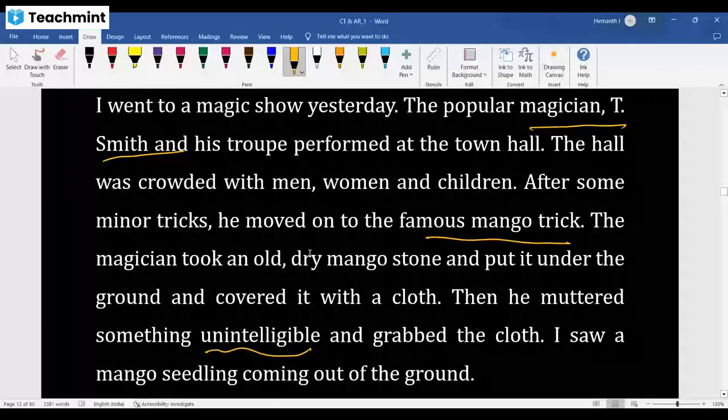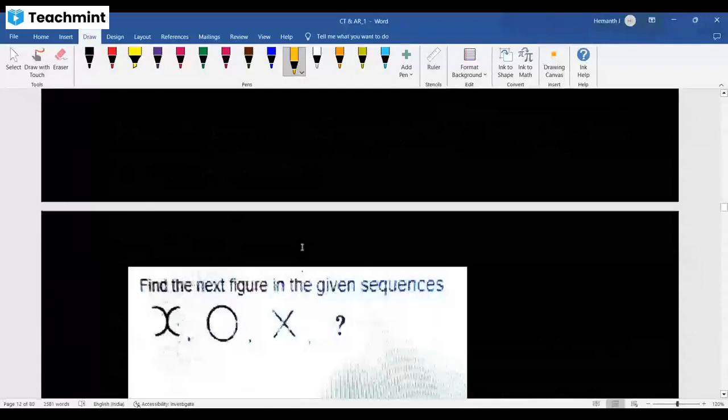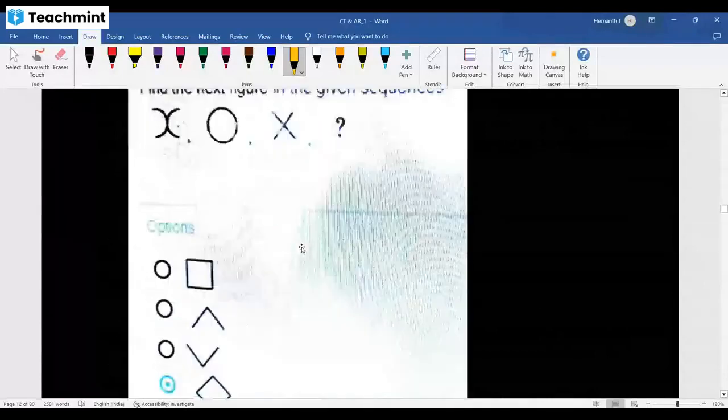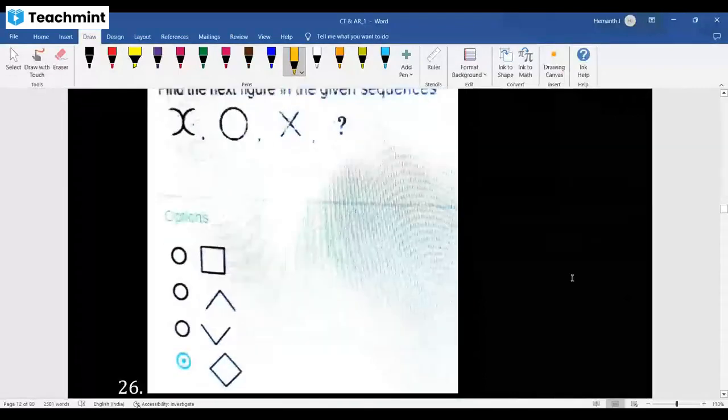now see the next question. Visual reasoning. What is the next diagram here? Image based questions.